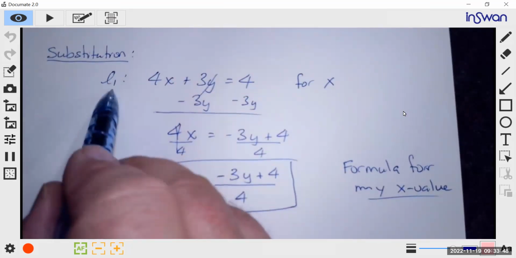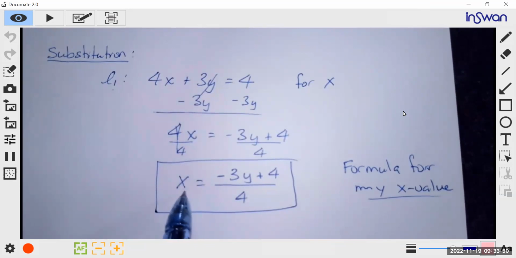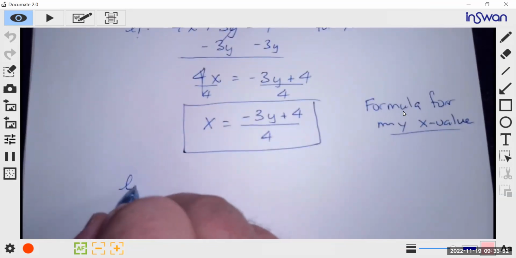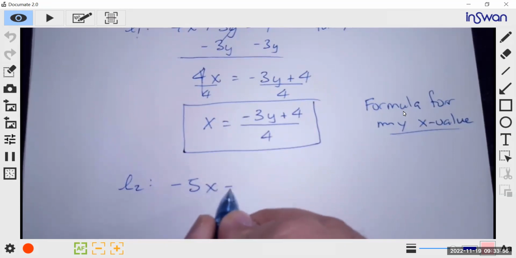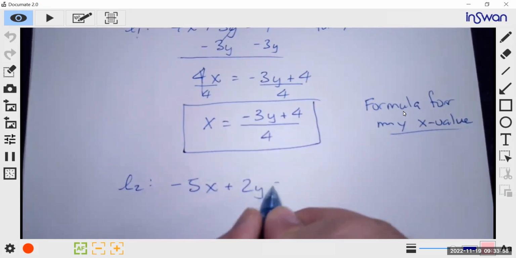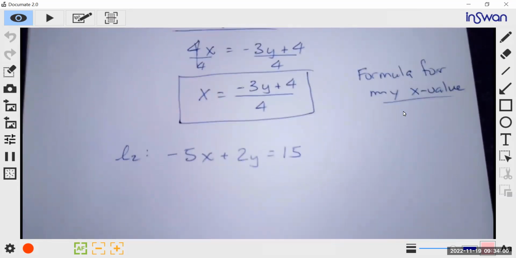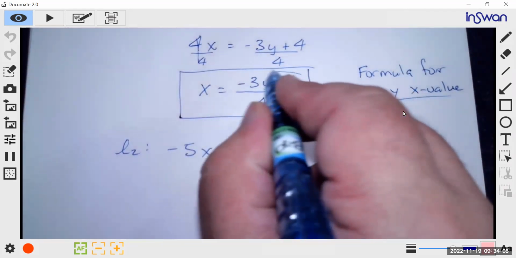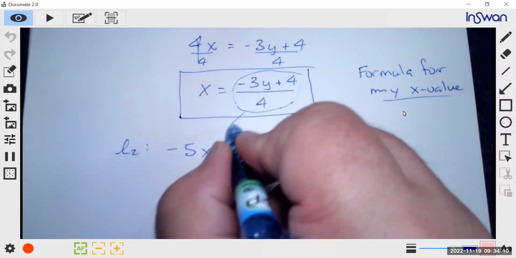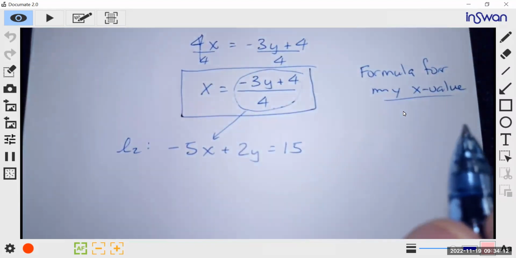So since I used line 1 and solved for x, I now have to take line 2 and solve for y. Anywhere I see an x, I put that huge equation in there.